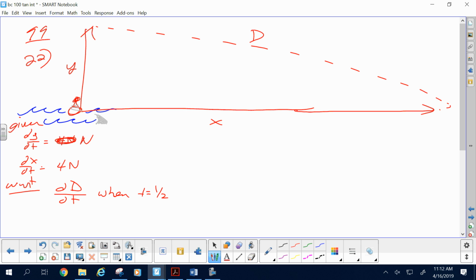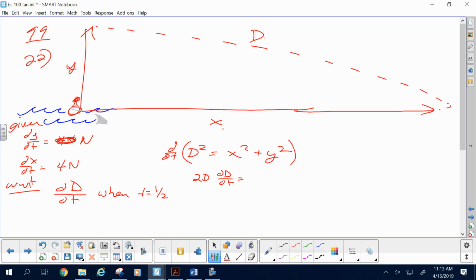All right, so here we go. What's the relationship between the 3 variables? D is equal to the square root of x squared plus y squared. All right, so you can go either square root or just straight up Pythagorean theorem. I'm not sure which is easier. Let's just go this way, shall we? Now, what should we differentiate with respect to? Time, yes. So if I differentiate with respect to time, then what's the derivative of the left? 2d dd/dt.